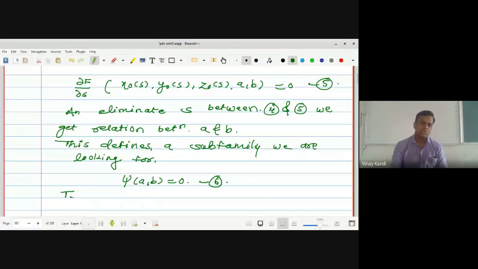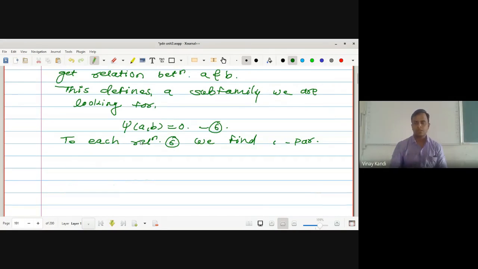And for every relation 6 between a and b, we find a one-parameter subfamily of the complete integral.